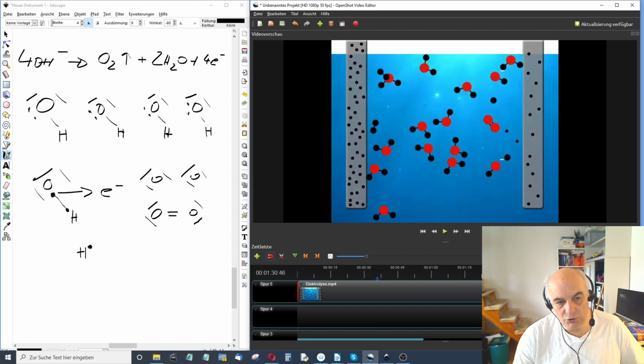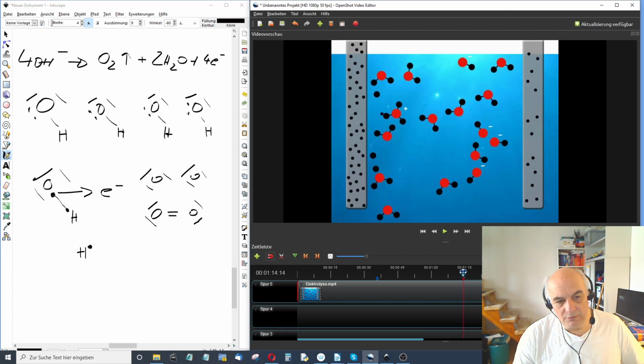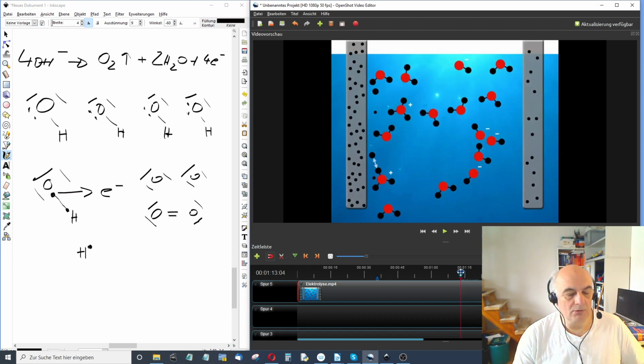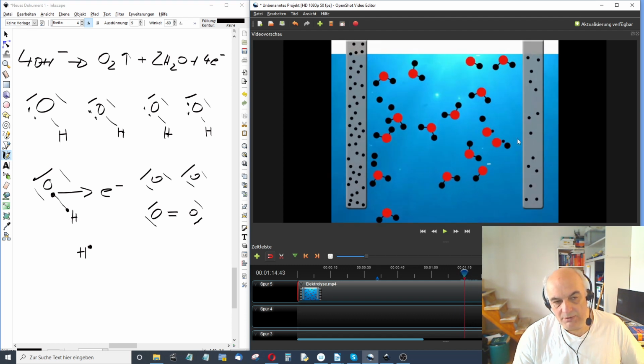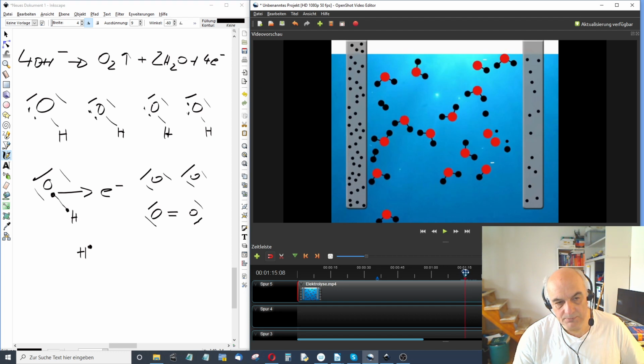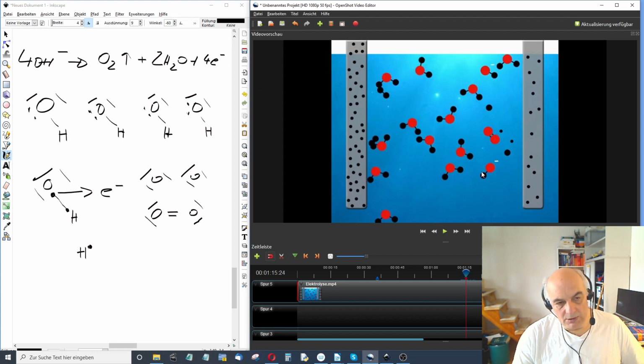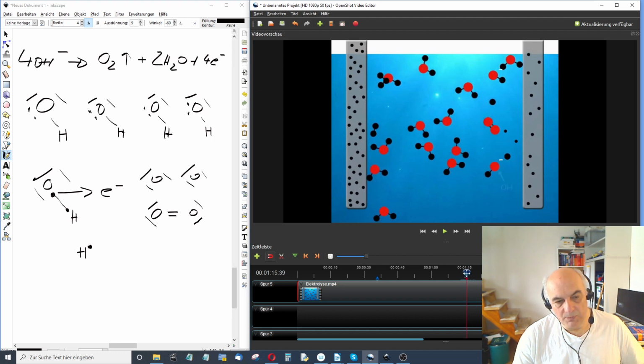So we have two electron torpedoes. The first torpedo goes from the OH minus directly to the anode, so that O2 is being produced.